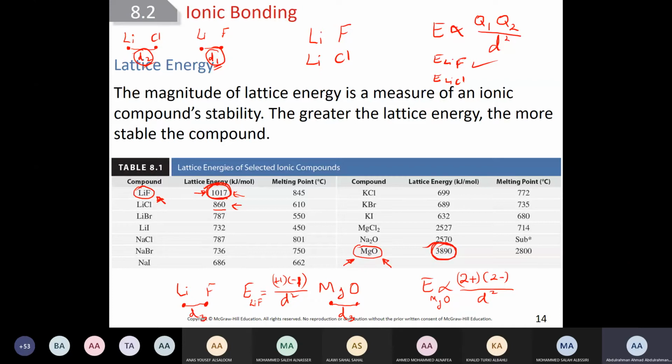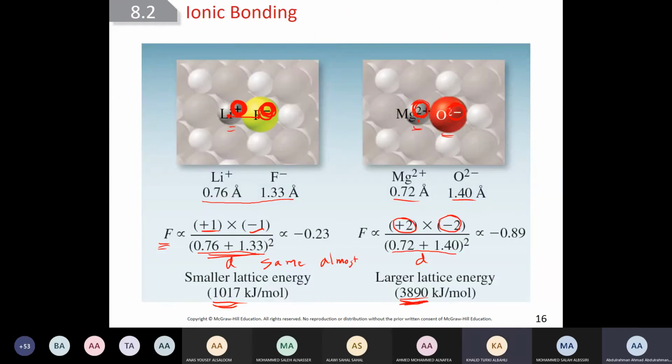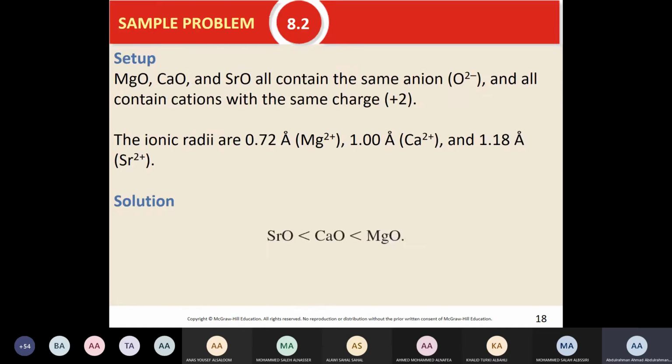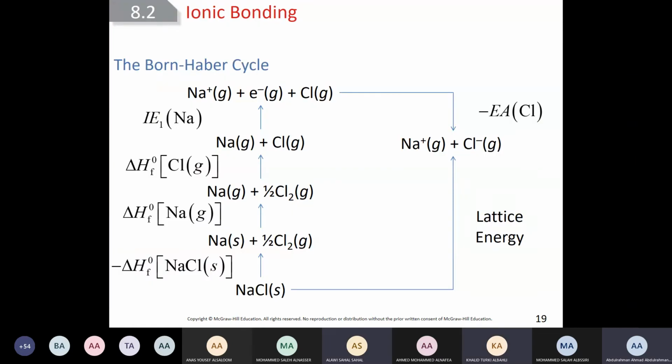Can you see these numbers? It's not a calculation, because this is proportional to the charges and the distance or the radius of each element. But the total, we take from the value in the table. I can't calculate the value. We did not give you how to calculate the value. You can calculate it, but you need some constants.